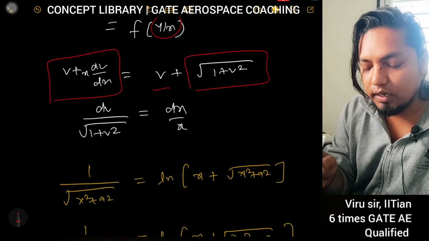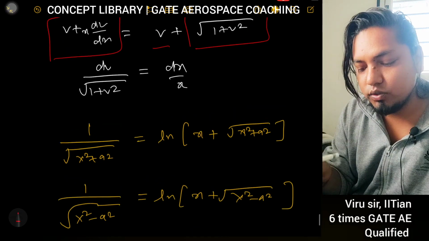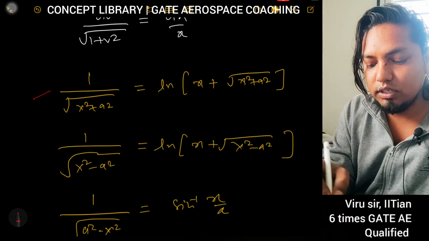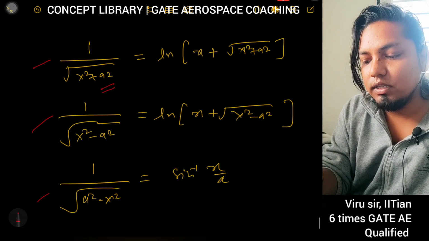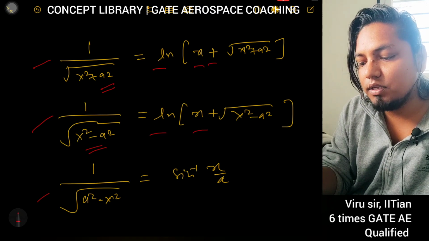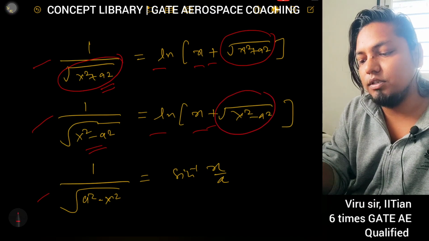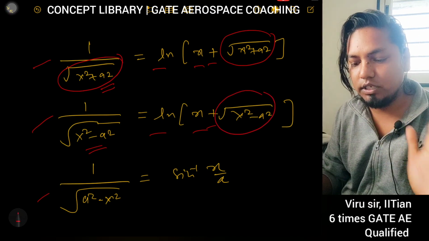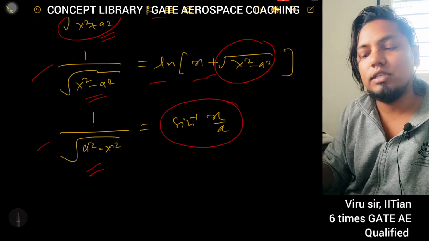Fine. So now I told you, right, you can have quadratic also, square root also. So for square root you have 3 famous formulas. If you have under root x square plus a square, and x square minus a square, it goes ln of x plus whatever is in the square root, same thing will appear here. But if you have a square minus x square, then sine inverse x by a will come.